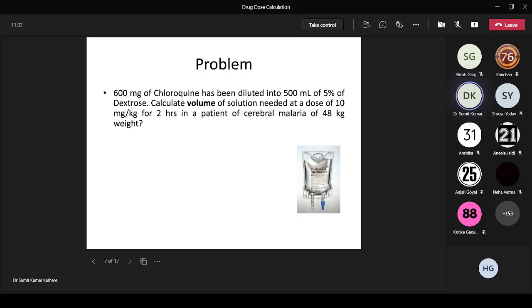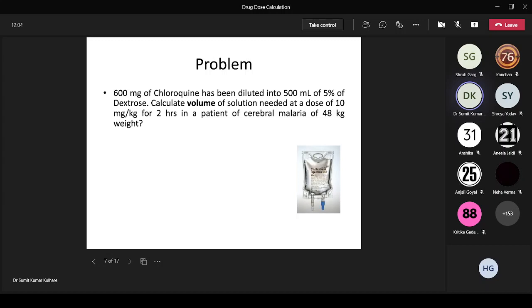Okay. What would be the supply on hand we have? We have 600 milligram of chloroquine available to us, and it is available in how much quantity? It is available in 500 ml of 5% dextrose. Here the type of solution doesn't matter while calculating the dosage. It could be normal saline as well, it could be 10% dextrose.